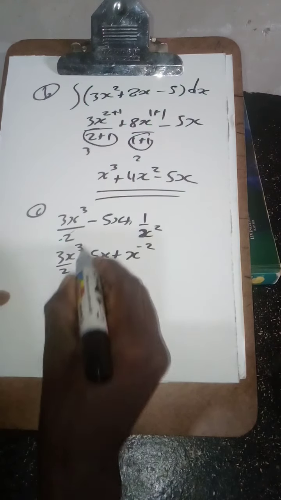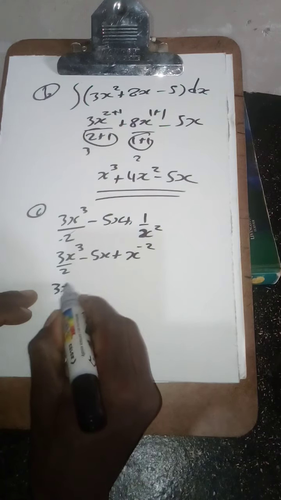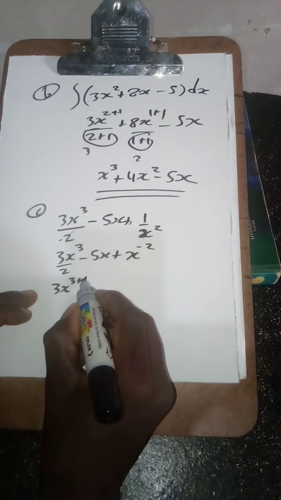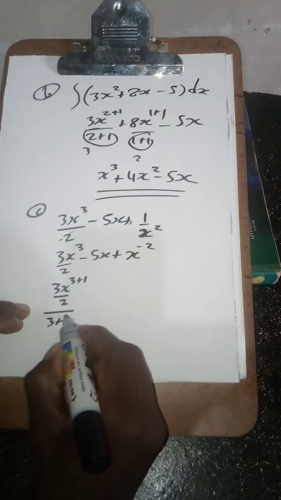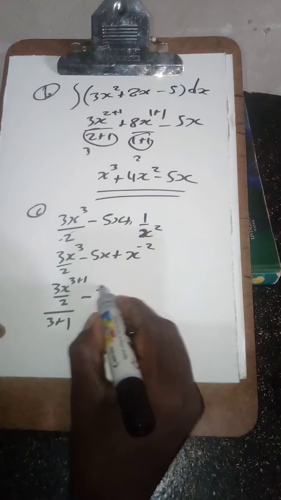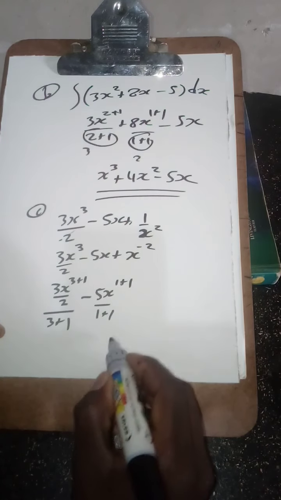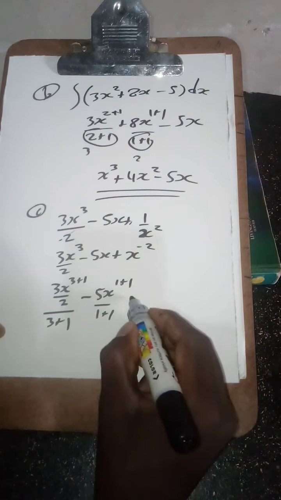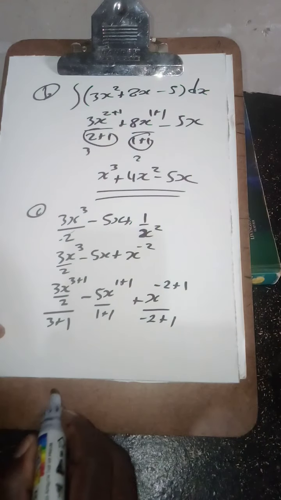So I start integrating now. I'm going to say 3x to the power 3 plus 1 over 2 divided by 3 plus 1, minus 5x to the power 1 plus 1 divided by 1 plus 1, plus x to the power negative 2 plus 1 divided by negative 2 plus 1 right there.